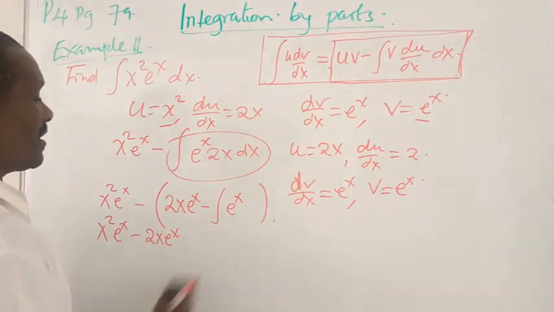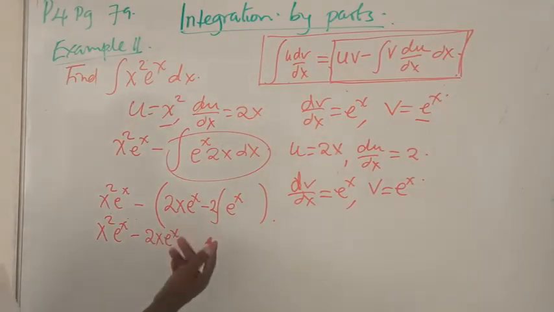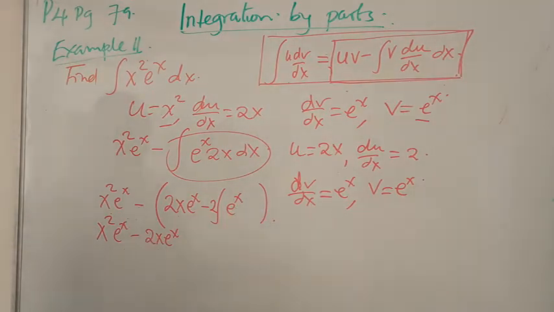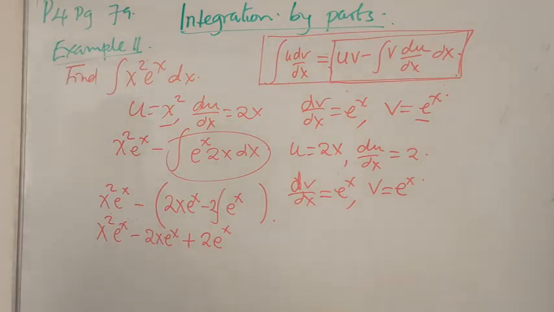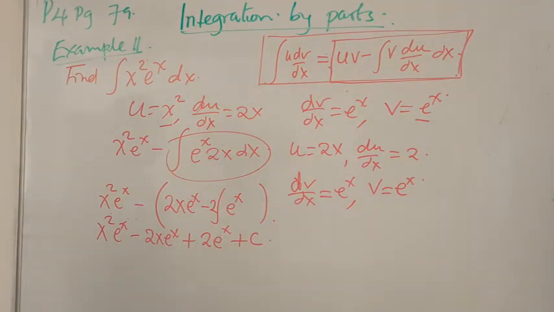It can also be positioned here, so that we don't bother looking for the integral of 2. We only bother to look for the integral of e^x, which is e^x. So, this negative and this negative becomes a plus 2 e raised to power x. And because entirely we've been dealing with indefinite integration, then we have to introduce a constant c.